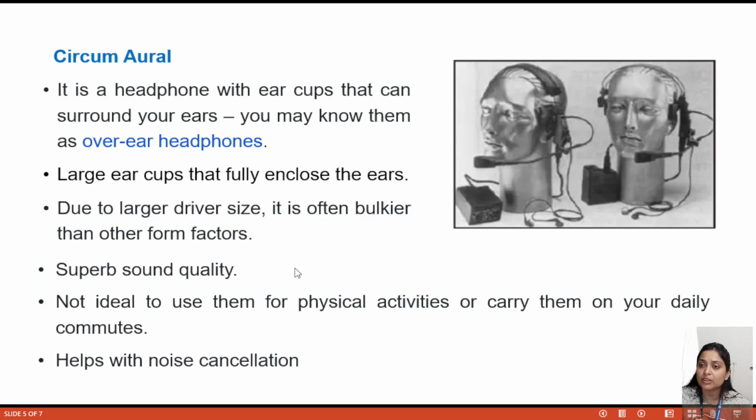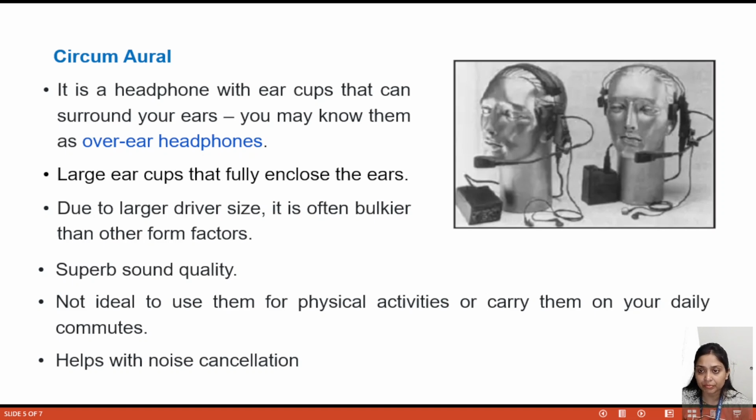It helps with noise cancellation. In the supraaural case, these noise cancellation facilities are not there, but in the circumaural, noise cancellation is there.